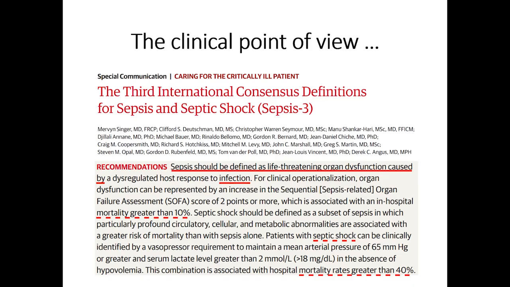So it seems that someone with a mortality risk of 7% didn't have sepsis, while another one with 11% indeed had sepsis. Same with septic shock.